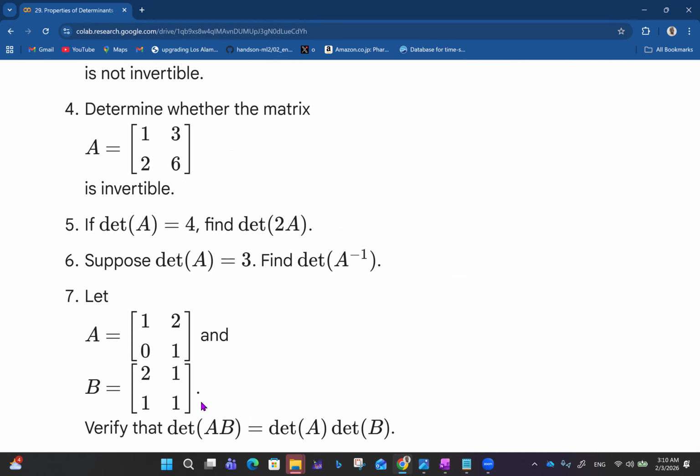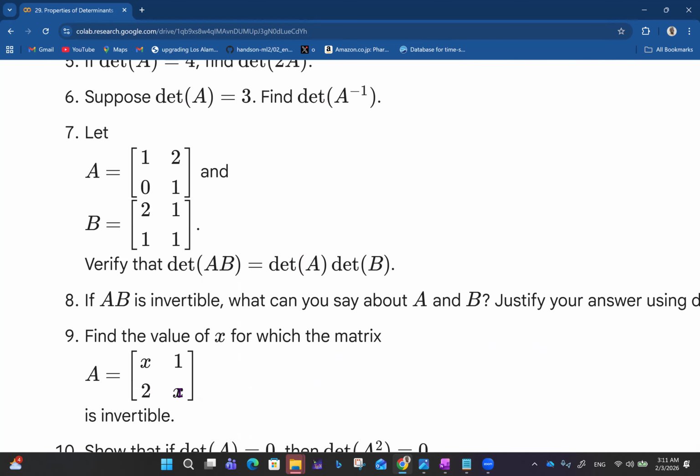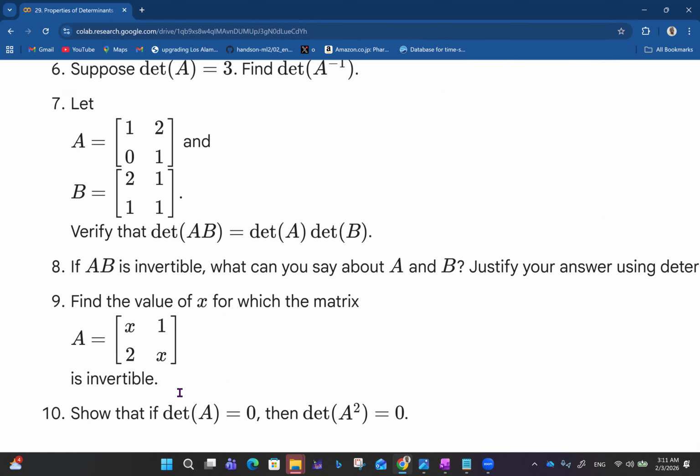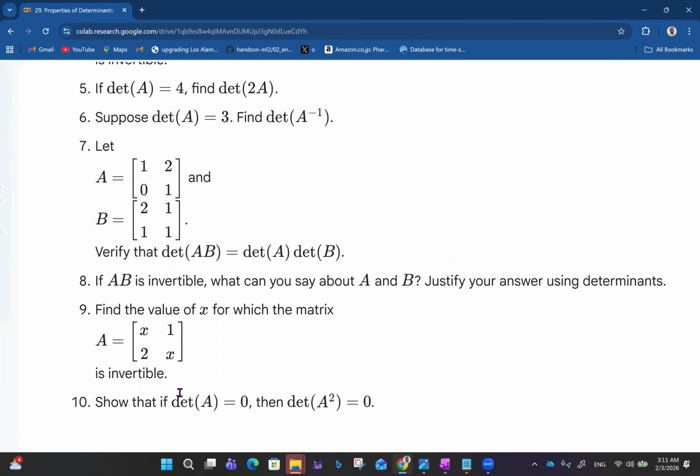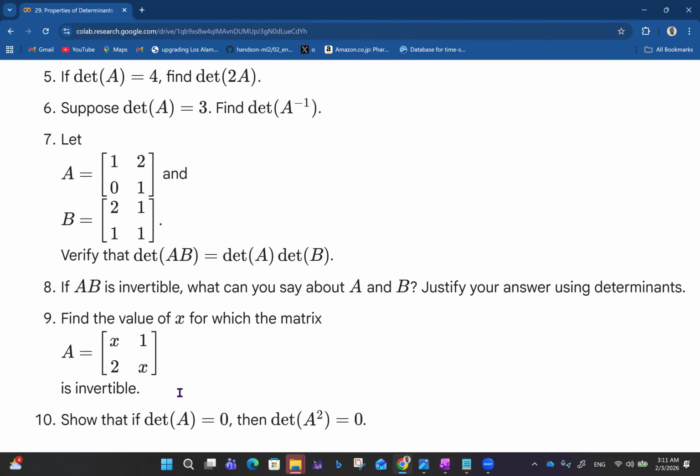A is this and B is that. Verify the determinant of AB is the determinant of A times the determinant of B. So multiply the two, find the determinant, and find each individual one, which I did before. Okay. So we have now, if AB is invertible, what can you say about A and B? If AB is invertible, A and B are also invertible. Justify your answer using determinants, of course.